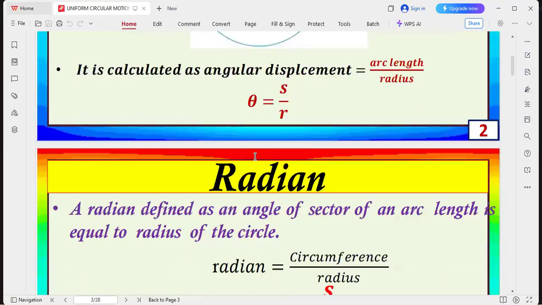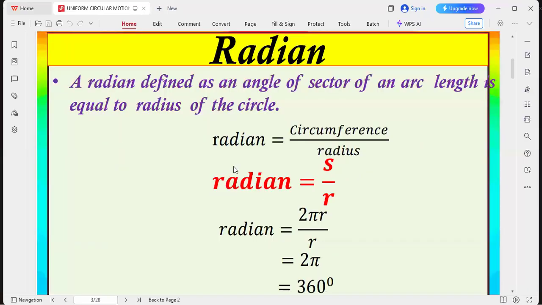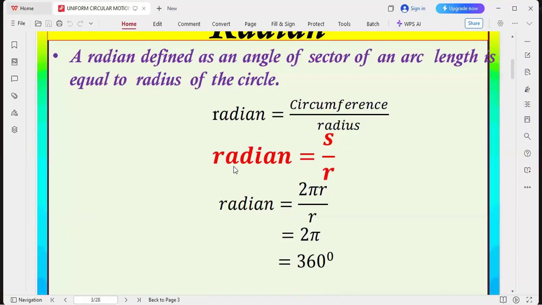So what is a radian? It is the angle of a sector of an arc length equal to the radius of the circle. So when S equals R, then we say that is a radian.